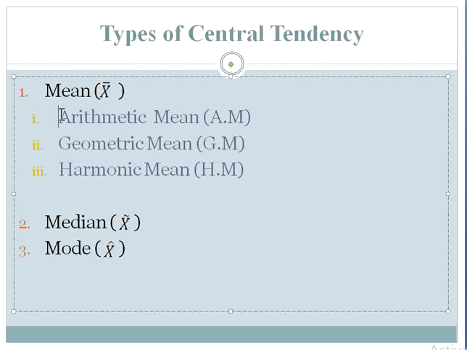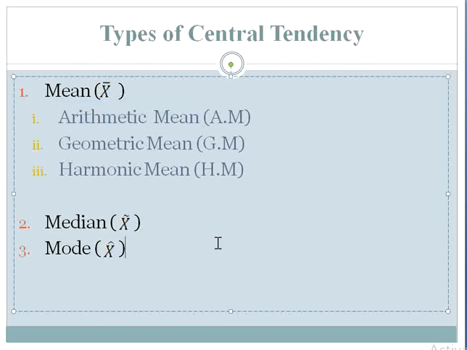Actually, the arithmetic mean and the mean are the same measurement with two different names. So if I say mean or arithmetic mean, they are the same.